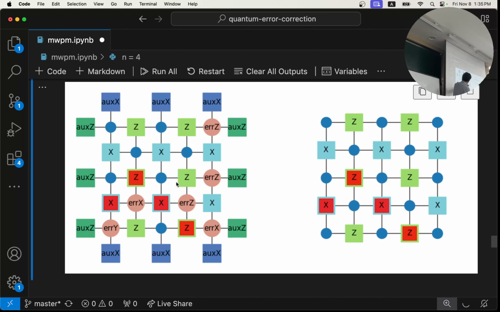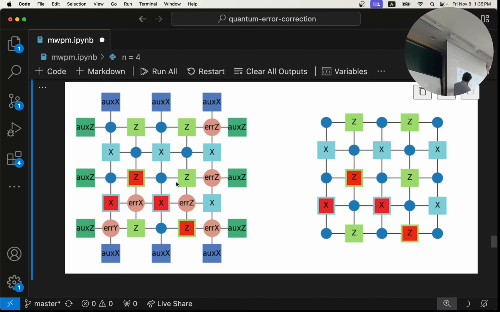Here we are simulating an error. So the error only occurs at the data qubit. These colored circles are where the errors occur, and they indicate which error. For example, here X error, and here Z error, and here X and Z occurred at the same time. So think about what you would read after the error has occurred.